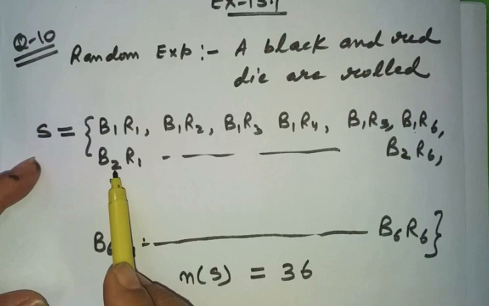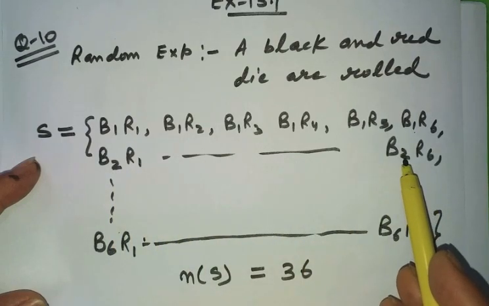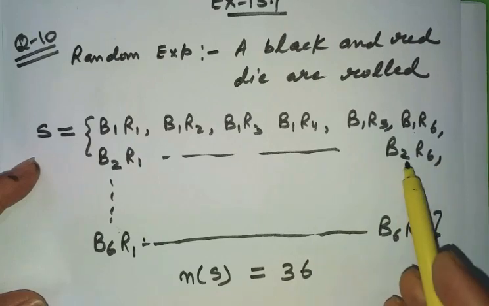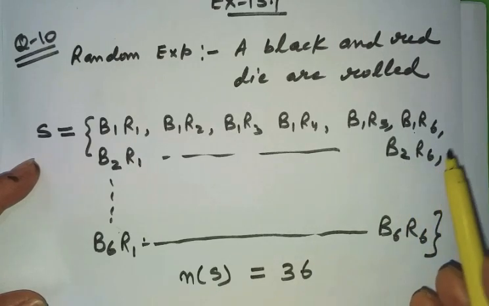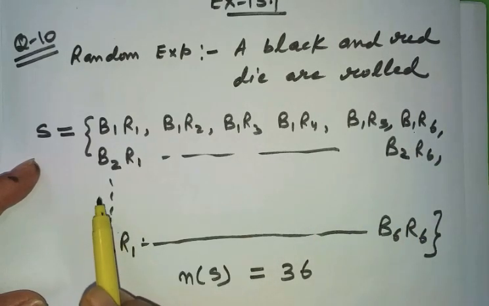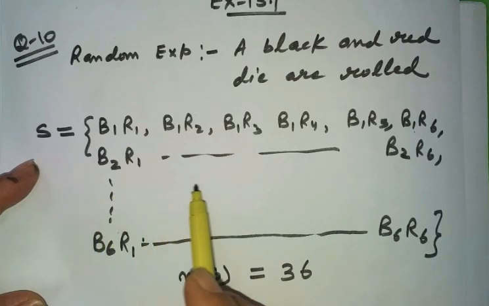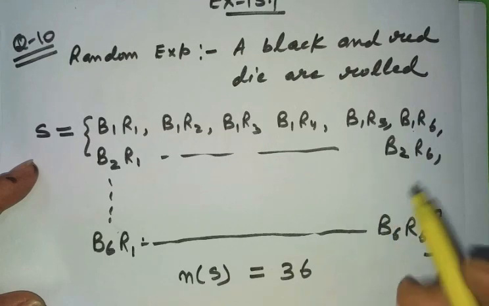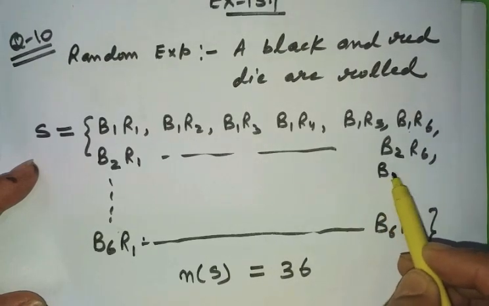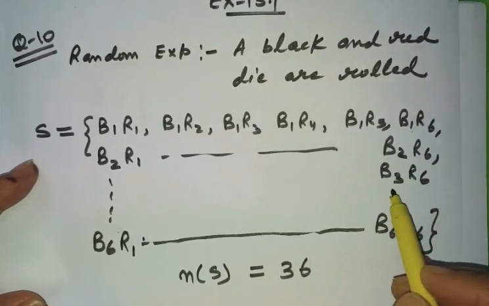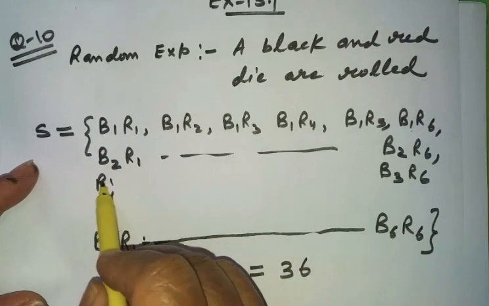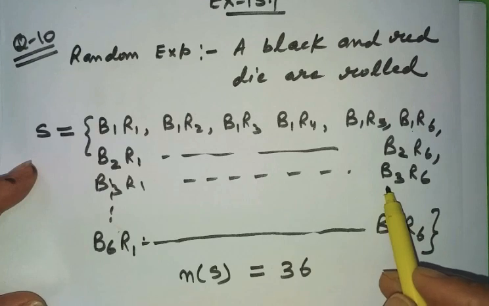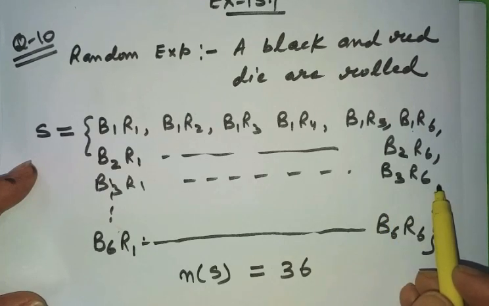In the second row, B2 R1 to B2 R6, the maximum is 2 6, which is again less than 9. The third row will contain 3 1, 3 2, 3 3, 3 4, 3 5, 3 6. The last number of the third row, B3 R6, is equal to 9, but we have to take more than 9.